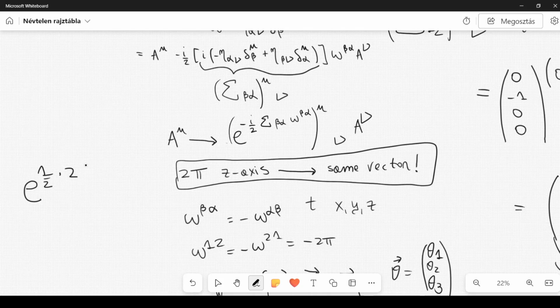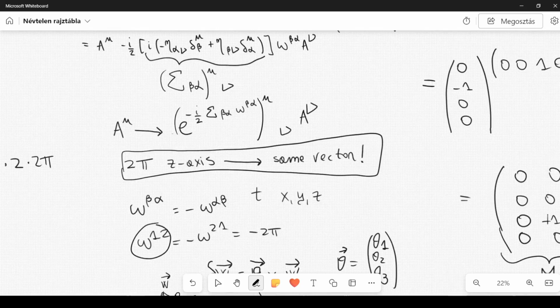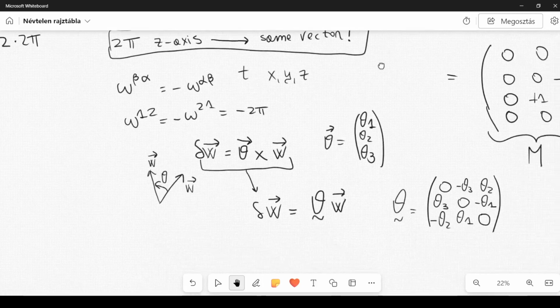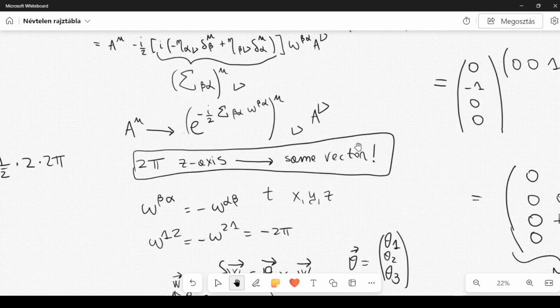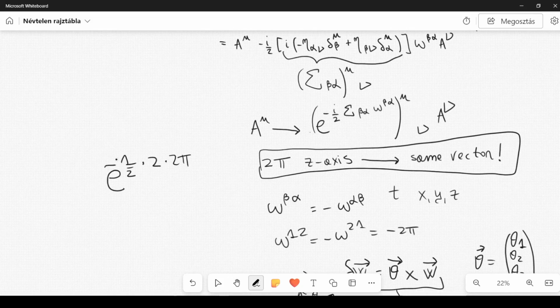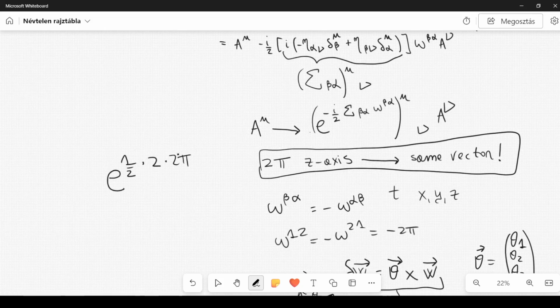So we get a factor of 2, and then we get a factor of 2 pi, because remember that omega 1, 2 is equal to minus 2 pi. So it's quite simple. And this minus sign is not really important. What you would get is a minus here, but as we will see, we will get the identity, and even if you put a minus, you will still get the identity, and you can check that. So here we get e to the power 1/2 times 2 pi times the matrix M.